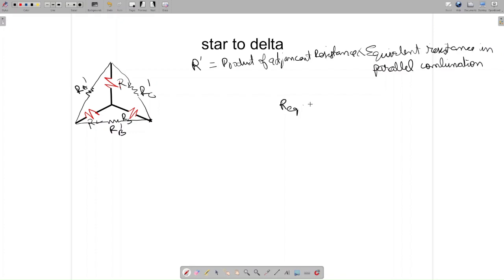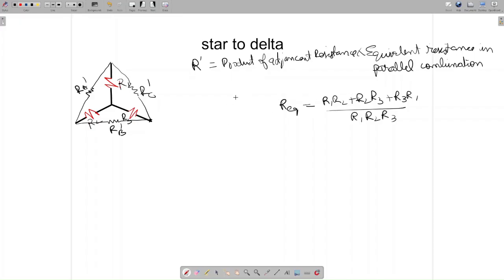So let's first find the equivalent in parallel combination. You know that the equivalent resistance in parallel combination is equal to R1 R2 plus R2 R3 plus R3 R1 divided by R1 R2 R3.